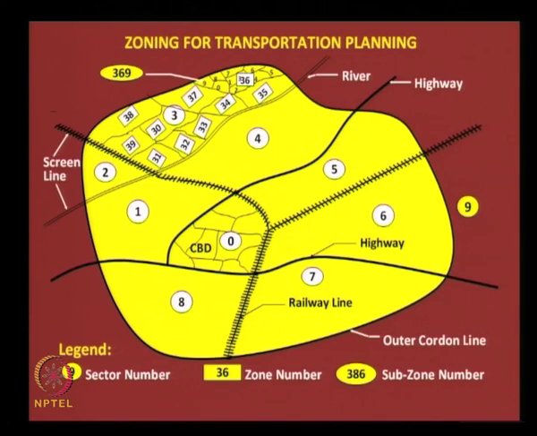Screens will have specified size of openings at specified locations. It will be made as per the design. Similarly, if you have barriers with specified openings at fixed locations for the traffic to flow through, such barriers are called screen lines. The alignment of a railway track serves as a screen line because road vehicles cannot cross the railway track at every point.